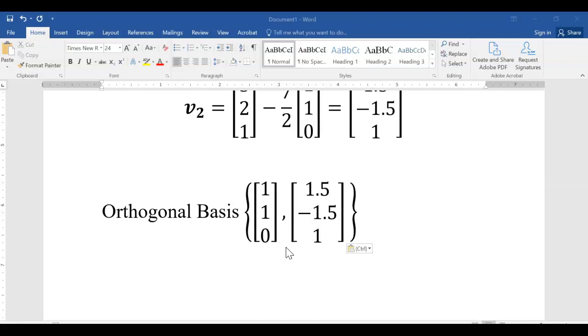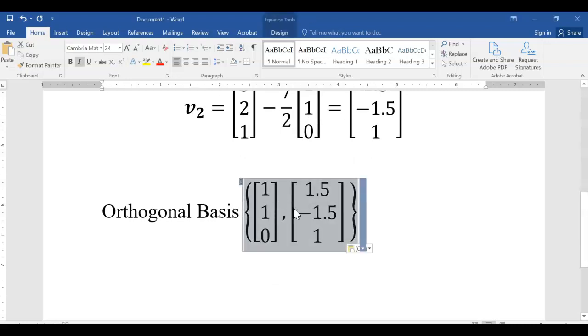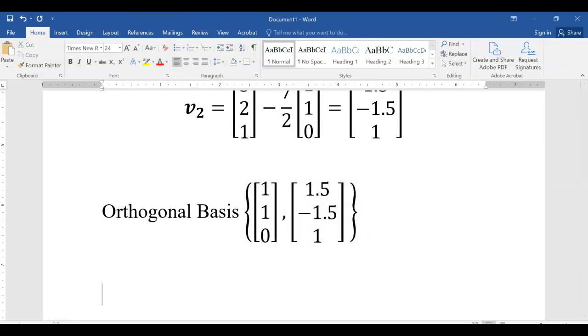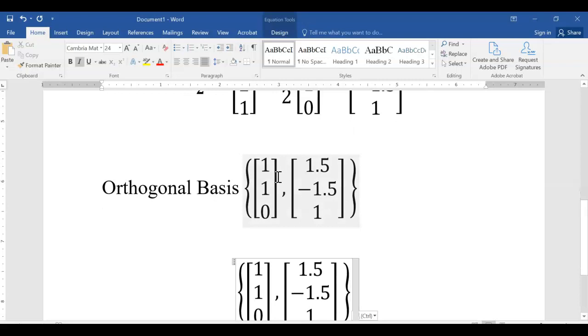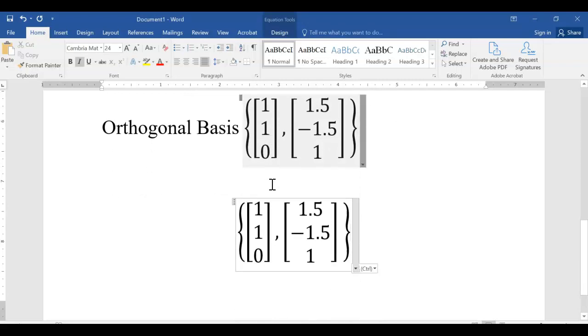Once I have my orthogonal basis, I can actually create infinitely many orthogonal bases with the same span by just taking different multiples of those two elements. So for instance, you could have taken 2, 2, 0, and 1.5, negative 1.5, 1.